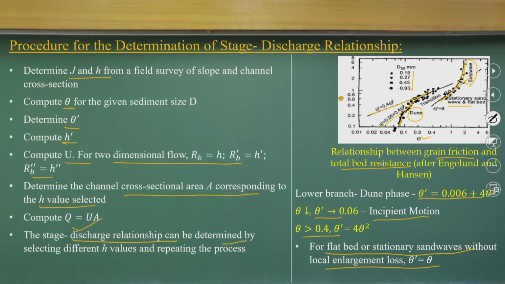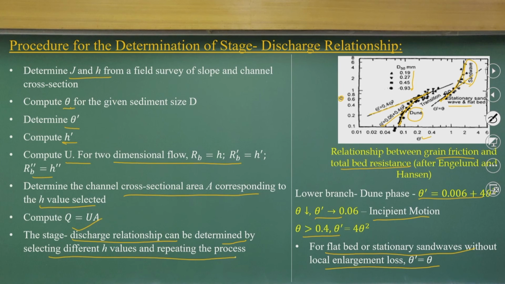That gives the stage discharge for one H value, and then you repeat with different H values. You change the H values and compute what the Q value could be as H and friction slopes change. For different cross sections you will have different discharge.